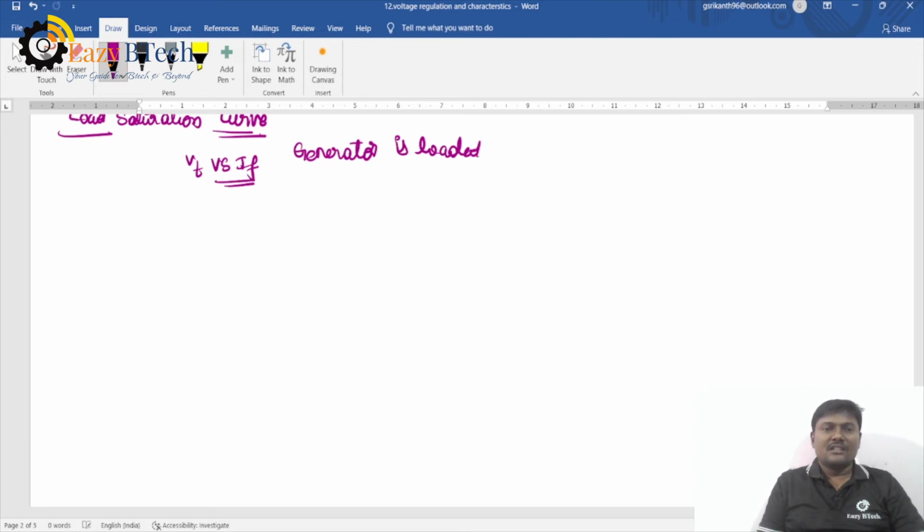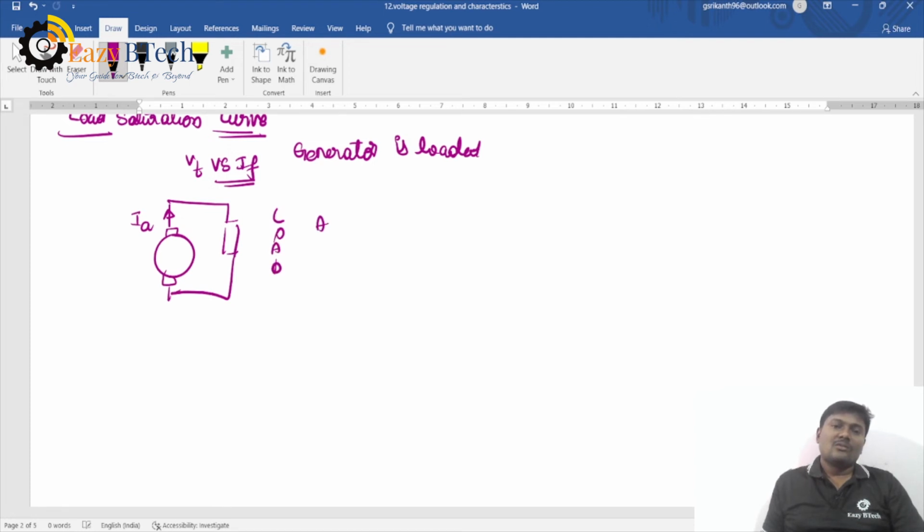The armature current is delivered by the source, that is, by the armature. As load increases, load current increases, and it is coming from the armature. The armature current also increases.